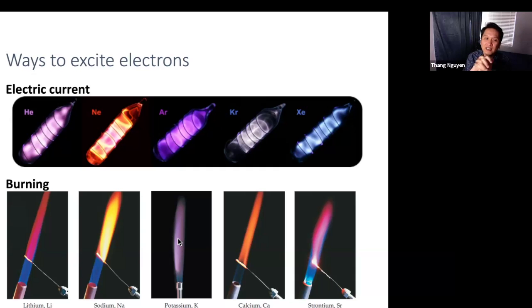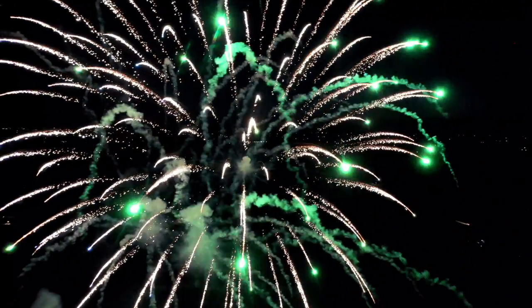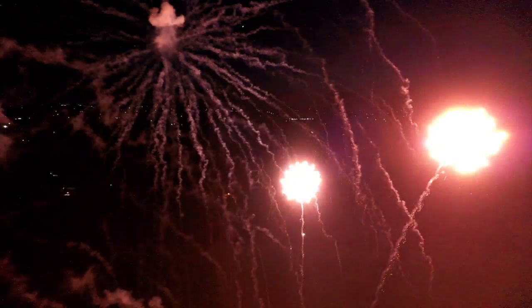It turns out this property is actually how fireworks work. We put different elements into the firework compounds, throw them in the air, and then explode them. As they explode, we burn them, and they release different colors based on the elements, based on the excited electrons going down to the ground state of different elements.